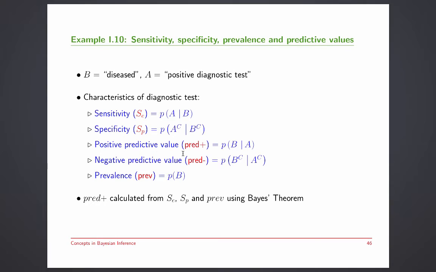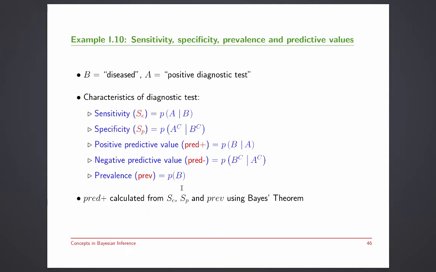The positive predictive value, which is mainly of interest, is the probability of being diseased if the test was positive. The negative predictive value is the probability that you're not diseased if the test was negative. Finally, the prevalence is equal to the probability to be diseased.